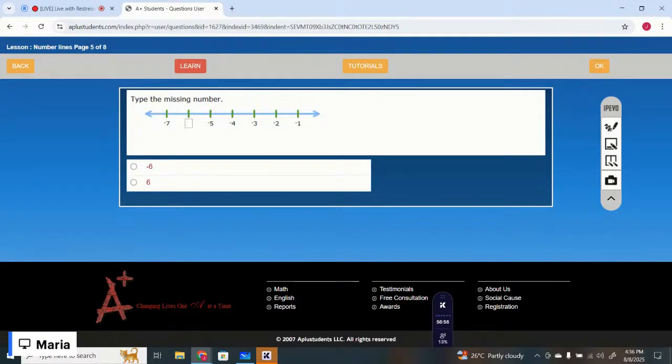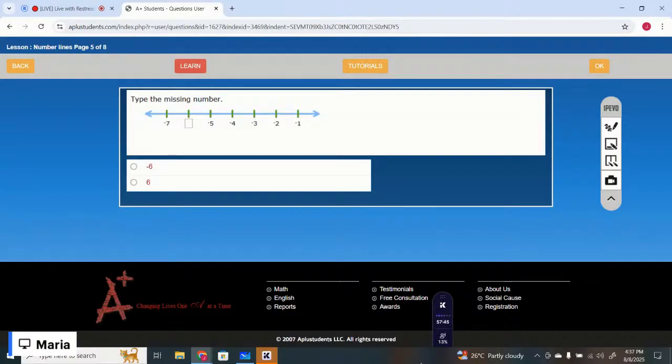Type the missing number. That is negative 6.